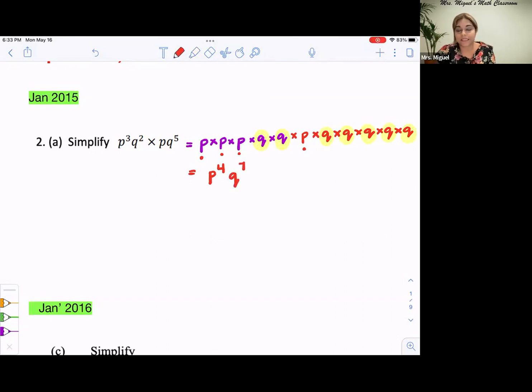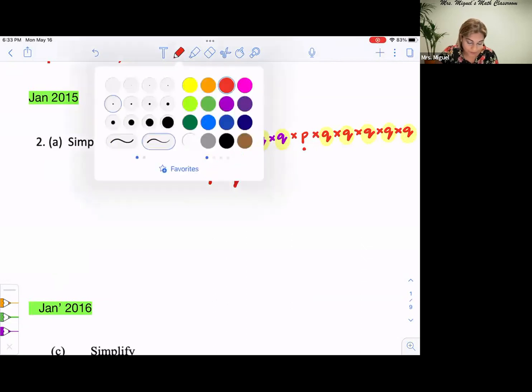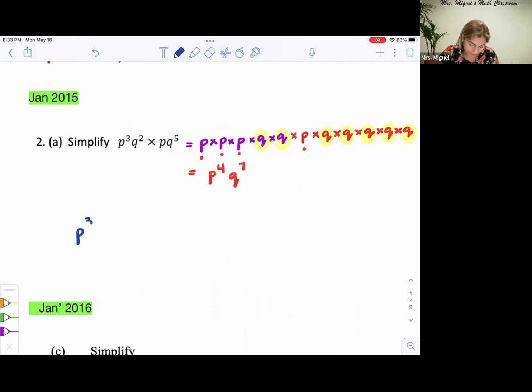Instead of listing all the terms in p cubed q squared, I could have simply worked out this question by adding the powers. As long as, and the rules of indices clearly state, as long as the base is the same, I can add 3 plus 1.